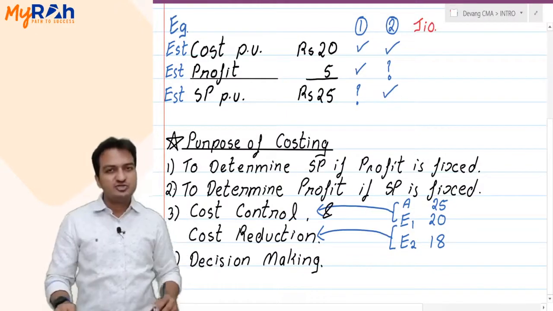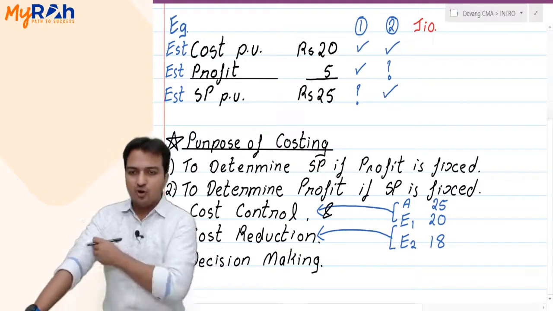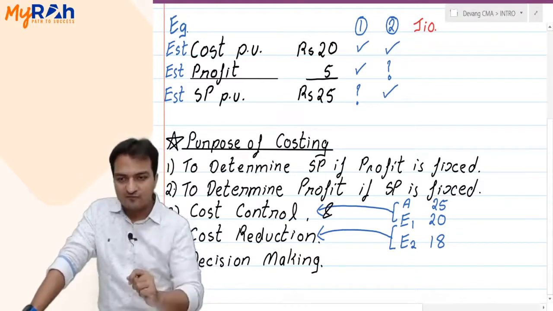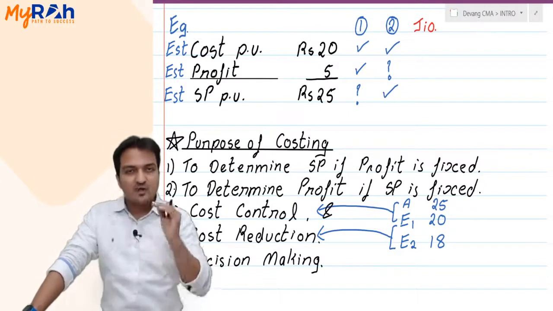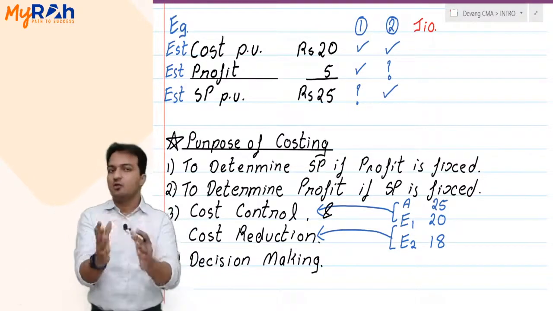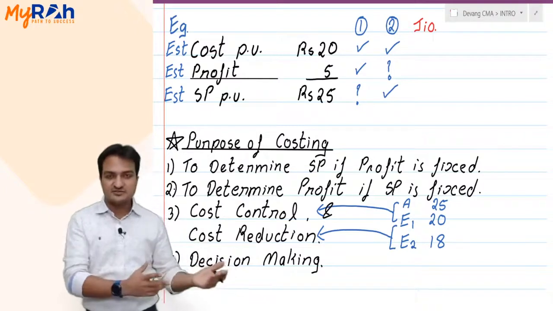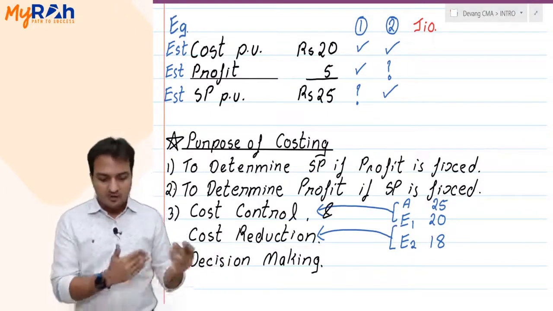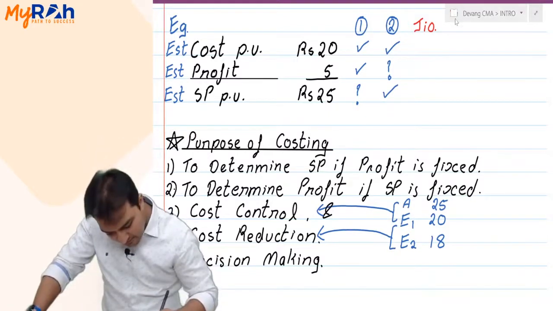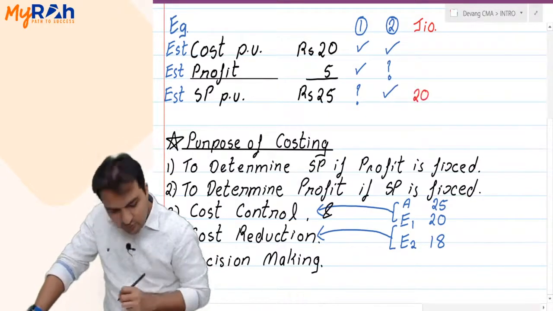Now you know what strategy Jio has always implemented. They have implemented the strategy in the telecom industry that they will sell the services at a very low price. So if Jio pencils has started selling pencils in my industry, maybe they are selling at a selling price of say 20.